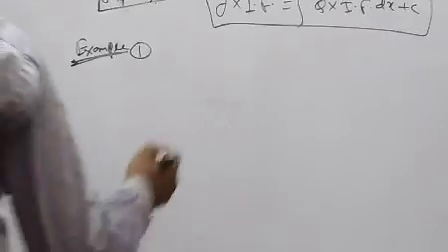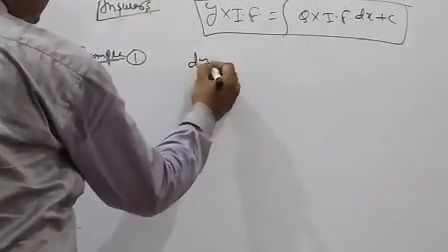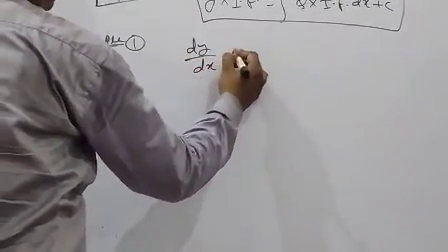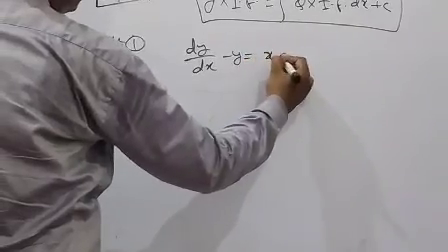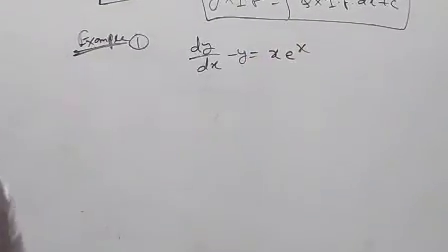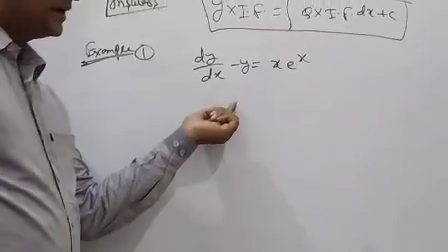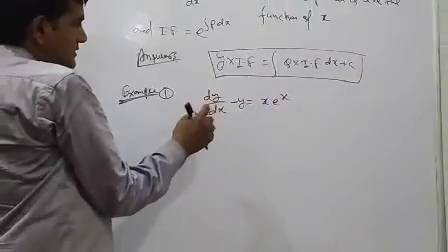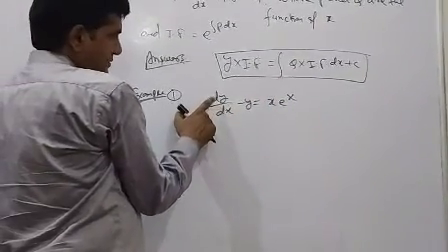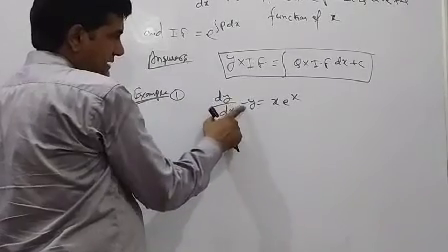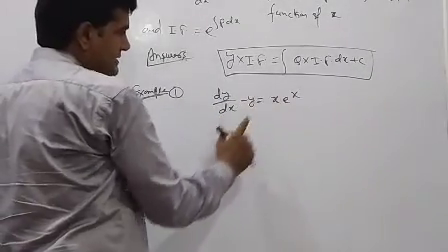Now, I am going to give an example here. Example number 1. Suppose dy by dx minus y is equal to x into e power x. Clear? Now, first of all, dy by dx minus y is equal to x into e power x.